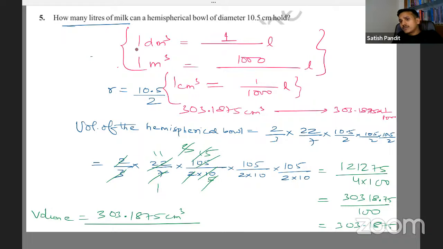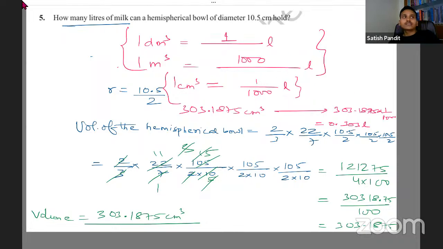That means you have to put 3 decimal places, so it will become 0.303. We have rounded off to 3 decimal places. So 0.303 liters is the answer. Yes or no, everyone? All of you show a thumbs up if you are able to understand. Yes, very nice.